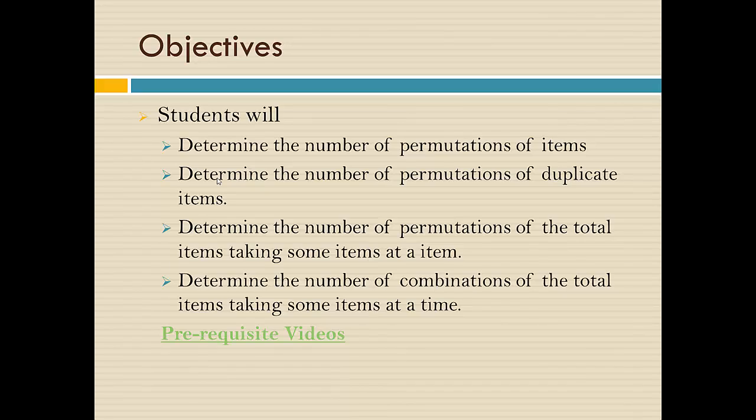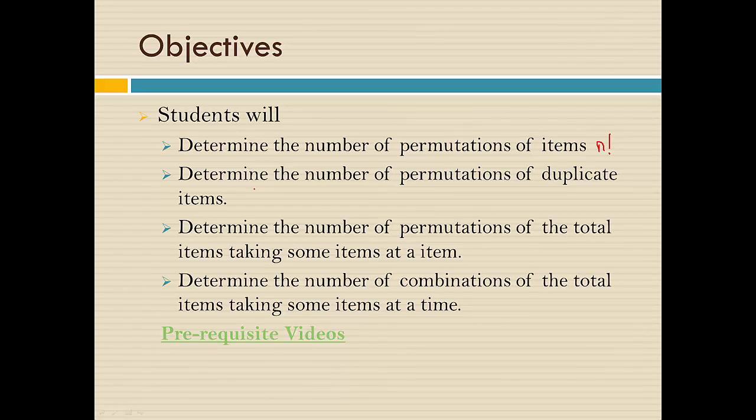In this video, we shall determine the number of permutations of n items. This is what we just refer to as n factorial. The number of permutations of n items is n factorial. We shall also determine the number of permutations of duplicate items.